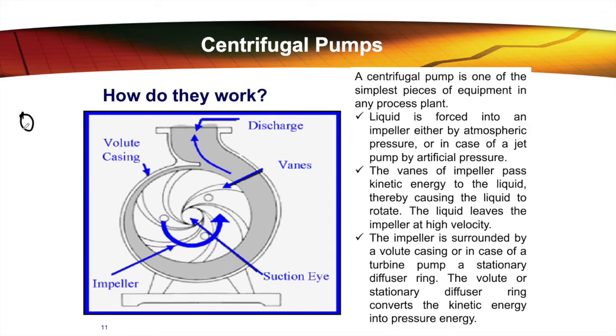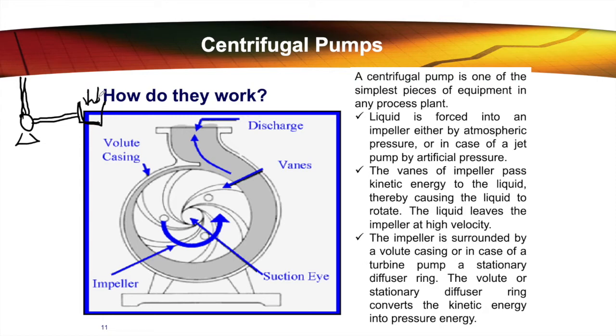So the liquid is forced into an impeller. This is the pump, and this is the configuration in the lab. We have a tank here. The pump will suck the water. The water will transfer to the pump and positively displace the liquid upward. Then what will happen? This liquid is forced into an impeller by atmospheric pressure. This tank is open to atmosphere.